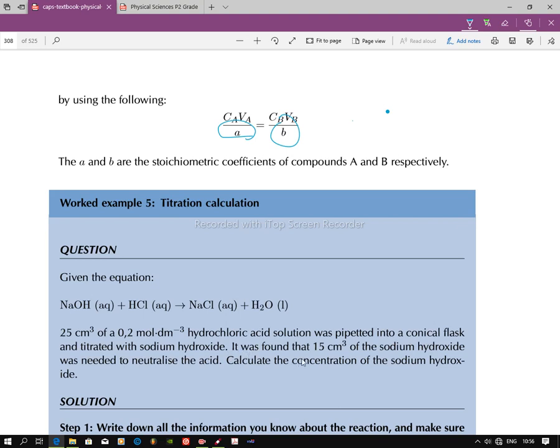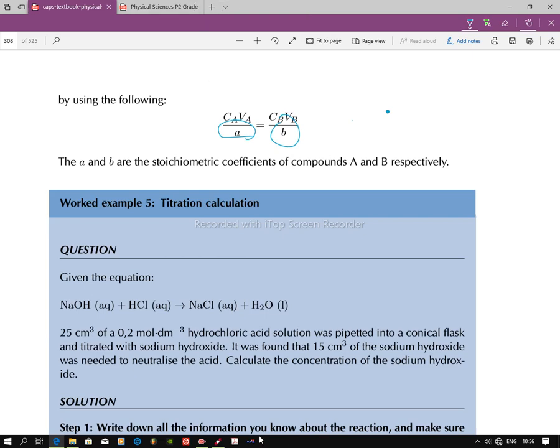It was found that 15 centimeter cubed of sodium hydroxide was needed to neutralize the acid. Calculate the concentration of sodium hydroxide.